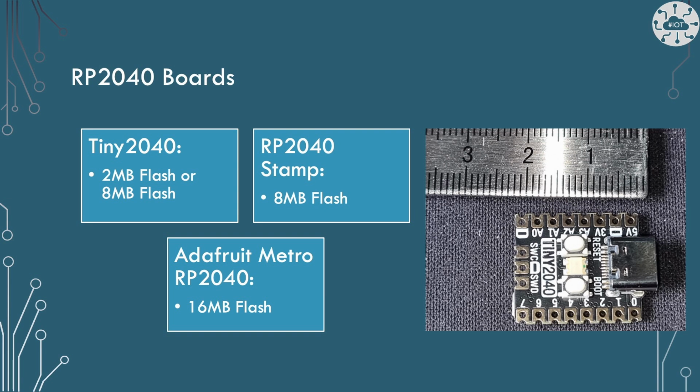Now, other boards out there, non-Raspberry Pi boards using the RP2040 processor, actually have even more flash. The Tiny 2040 comes in a version that's got 8 meg flash. The RP2040 stamp has 8 meg flash. And the Adafruit Metro RP2040 comes with a massive 16 meg flash.